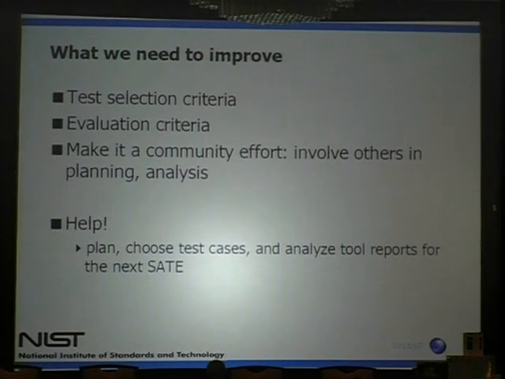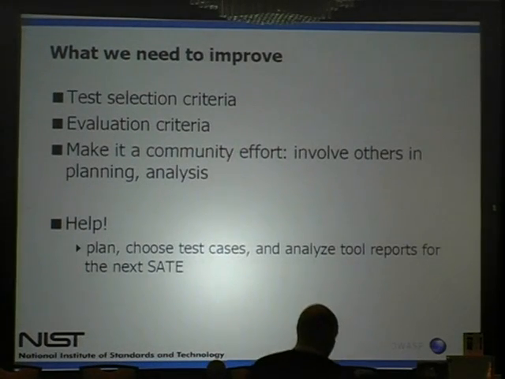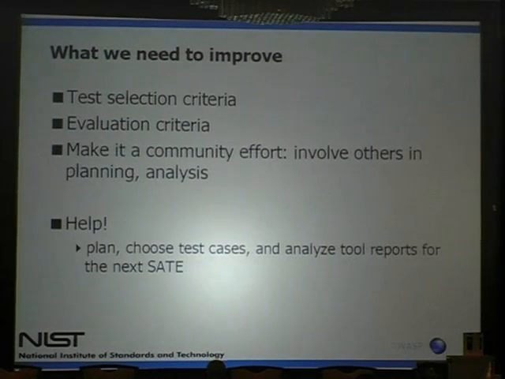We need to give them enough time to analyze the tool reports, because that can help the study a lot. And I'm asking, we would like to do another study like this in the future, so we want help in planning, choosing test cases, and analyzing the tool reports.